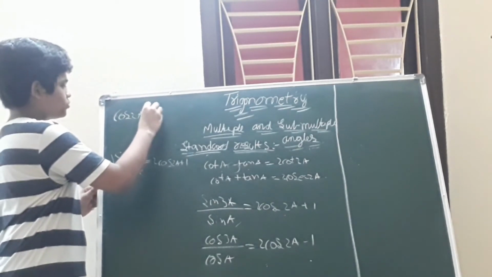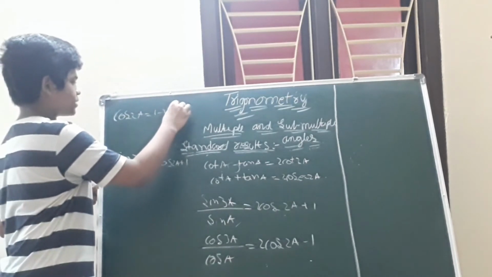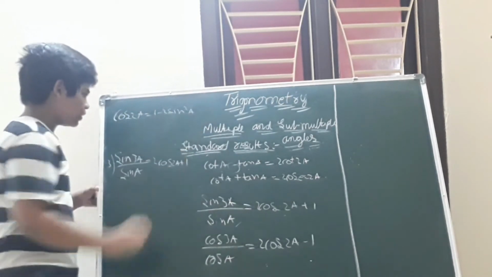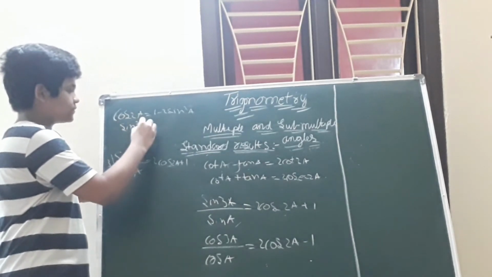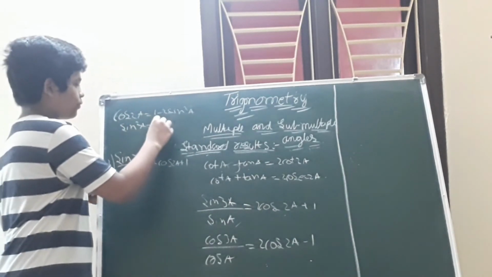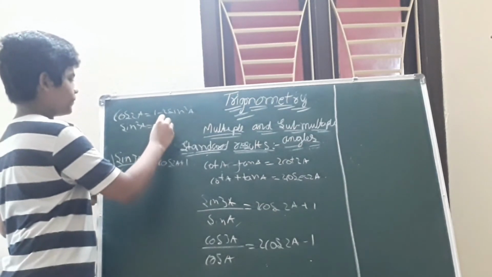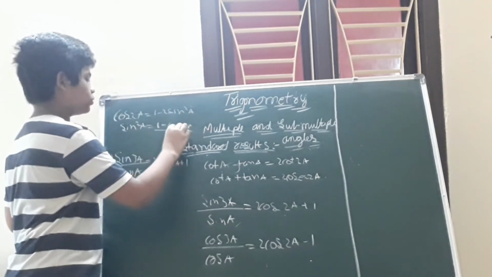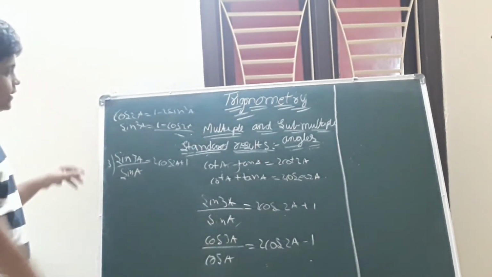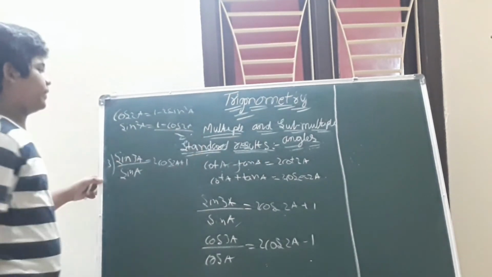We know that cos 2A is equals to 1 minus 2 sin square A. So from this, sin square A becomes 1 minus cos 2A by 2.